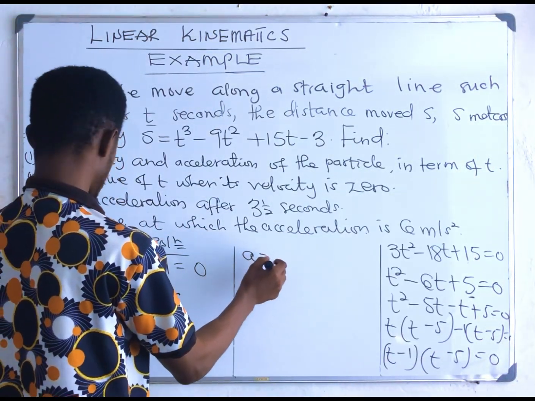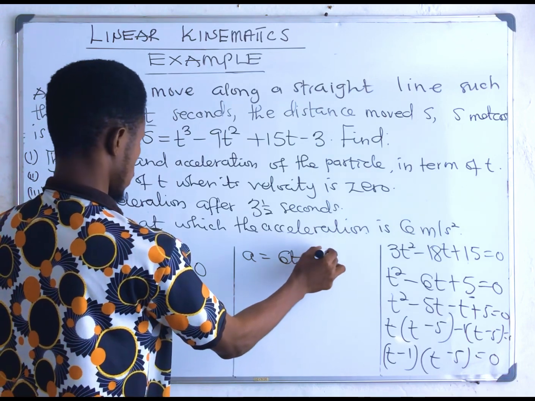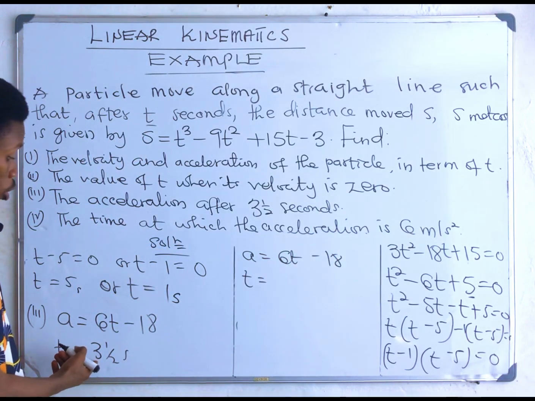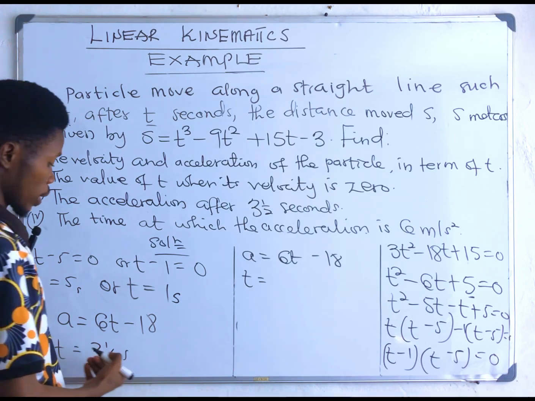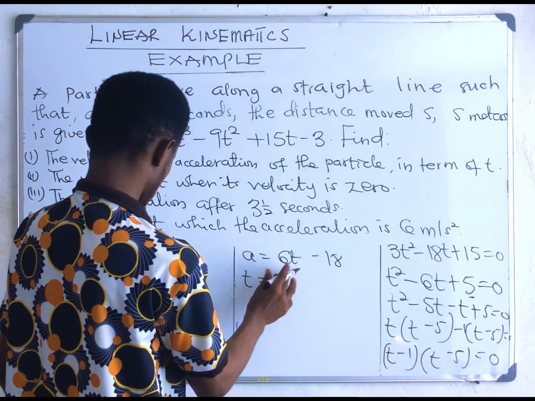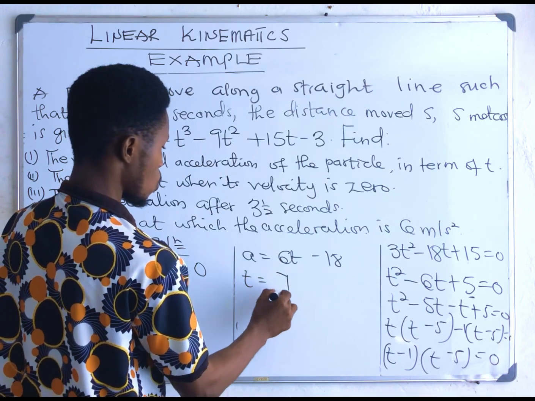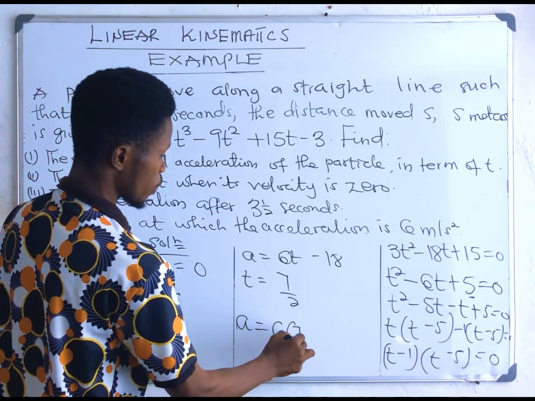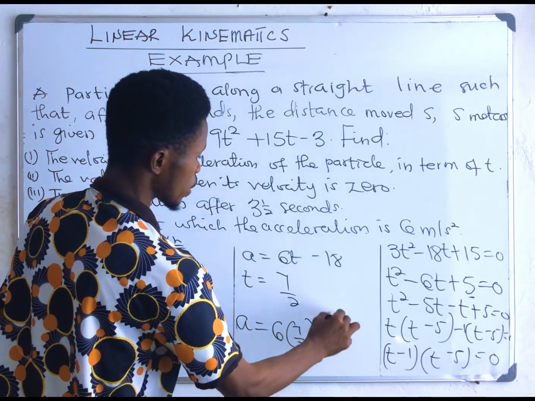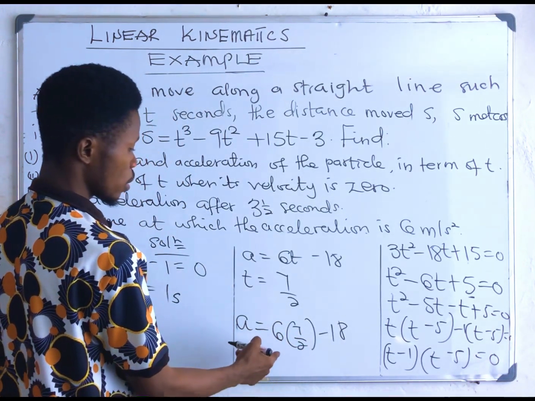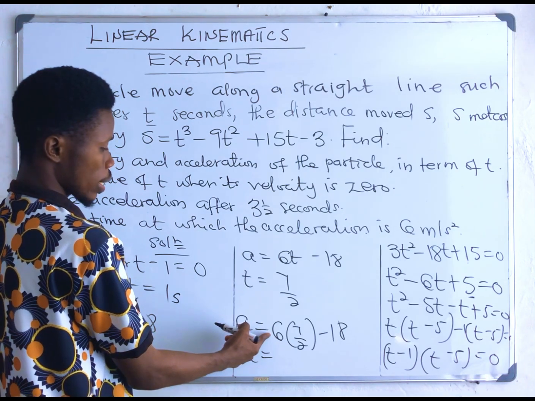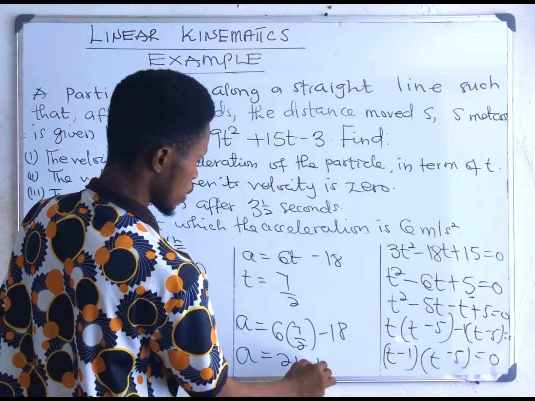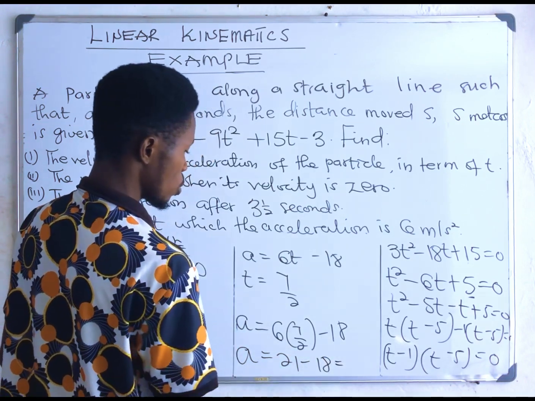So a equals 6t minus 18. My t, 3.5, is a mixed fraction, so we change it to an improper fraction. This is going to be 7 over 2. So my a will be equal to 6 multiplied by 7 over 2 minus 18. So 2 can go into 6 3 times. 3 times 7 is 21, minus 18, which will give you what?